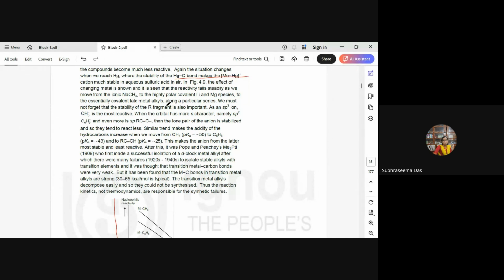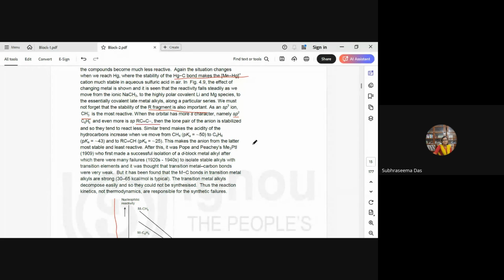We must also not forget that the stability of the R fragment is important. When we consider an sp3 ion, we see that CH3- is the most reactive. When the orbital has more s character, as for sp2 C6H5, and even more for R-C triple bond C, then the lone pair is stabilized. A similar trend makes the acidity of the hydrocarbons increase.